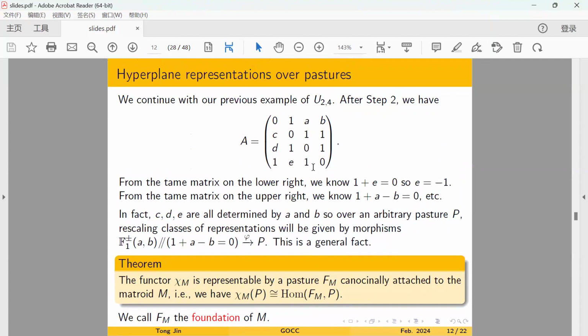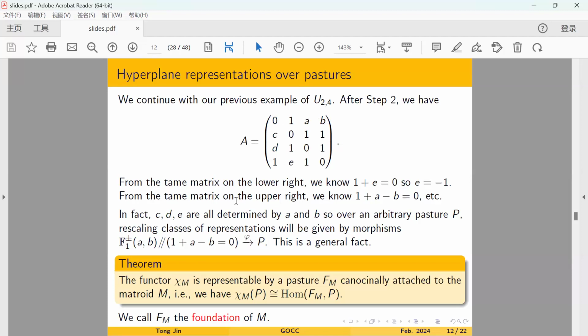So to give a representation, we must give values of the hyperplane functions. For instance, for the first hyperplane function fh1, after step 2, we know fh1 at 1 is 0, fh1 at 2 is 1, but we do not know fh1 at 3, and we do not know fh1 at 4. So those are the to be determined values of the hyperplane functions.